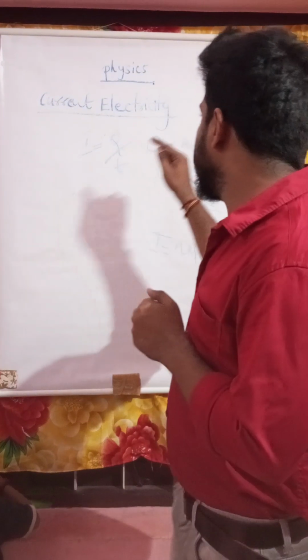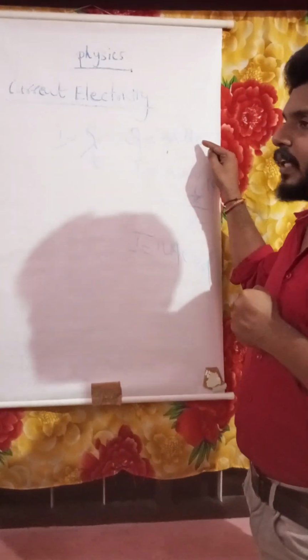The n is nothing but the total number of electrons passing per second, which we got with respect to area and drift velocity as nAVd. So nAVd into e gives the total charge developed in the conducting wire. So Q is equal to nAVd into e.